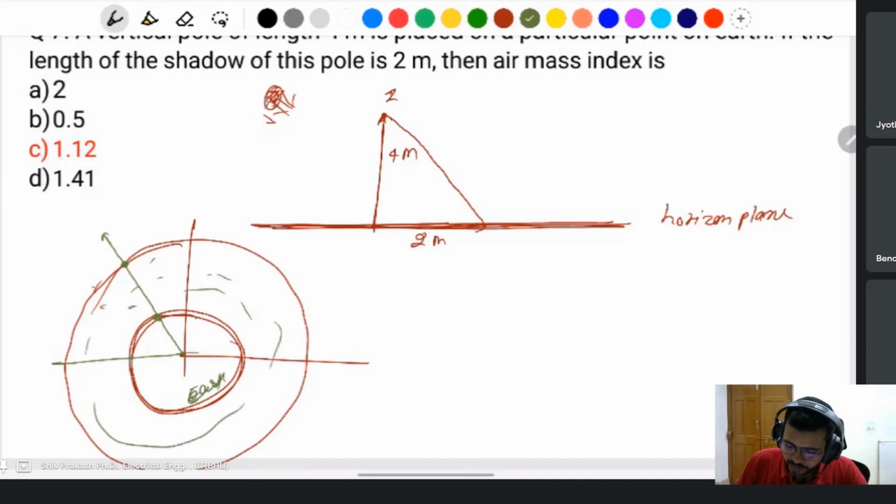This is a point location where the panel is placed.